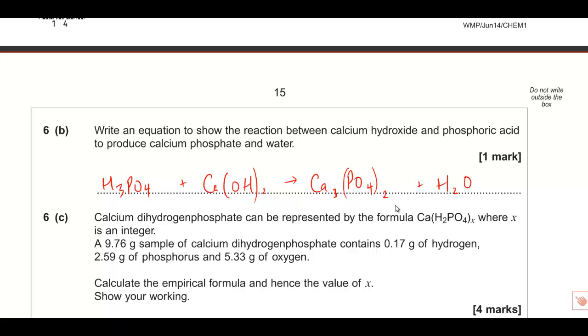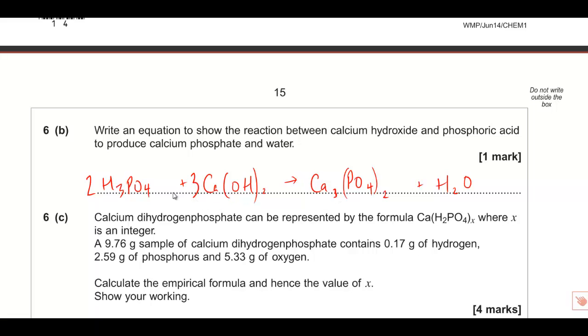Let's balance this up. So PO4, we've got 2 PO4 groups, one there. So let's double that. That gives us 2 PO4 groups, which is great. We've now got 6 hydrogens there. We've got 2 more there. That's 8. Is that right? Oh, hold on. We can't do that. Yeah, we've got to balance our calcium. 3 calciums here.